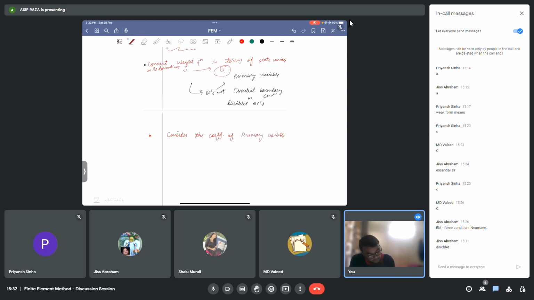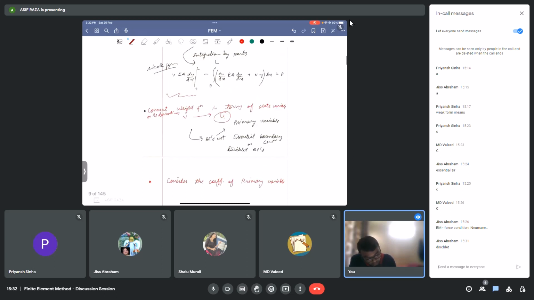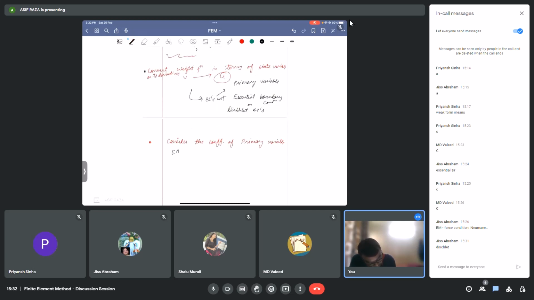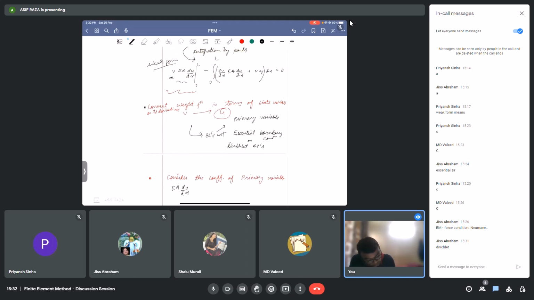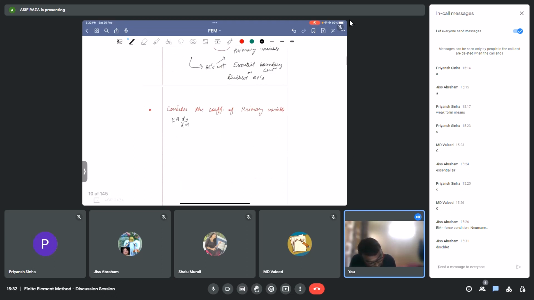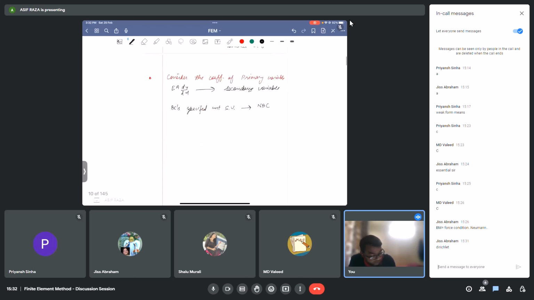So consider the coefficient of the weight function. In our problem, the coefficient of v is EA du by dx. This is called the secondary variable, and boundary conditions specified with respect to the secondary variable are called Neumann boundary conditions or natural boundary conditions.